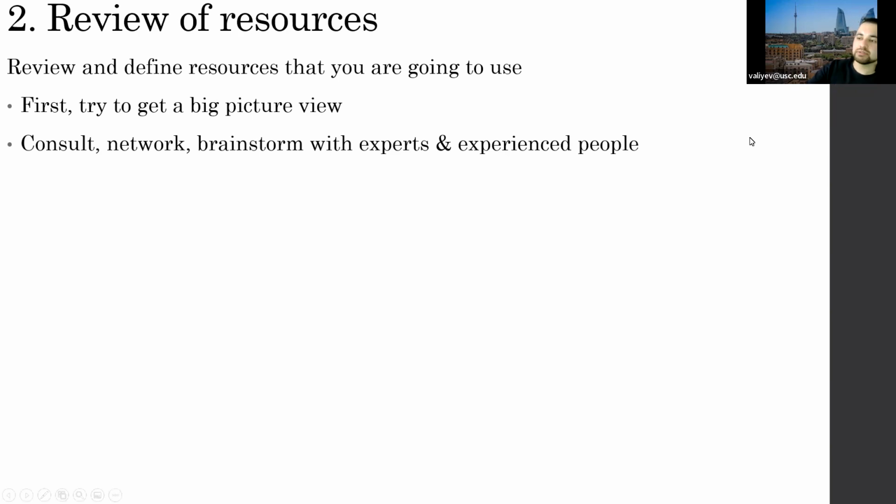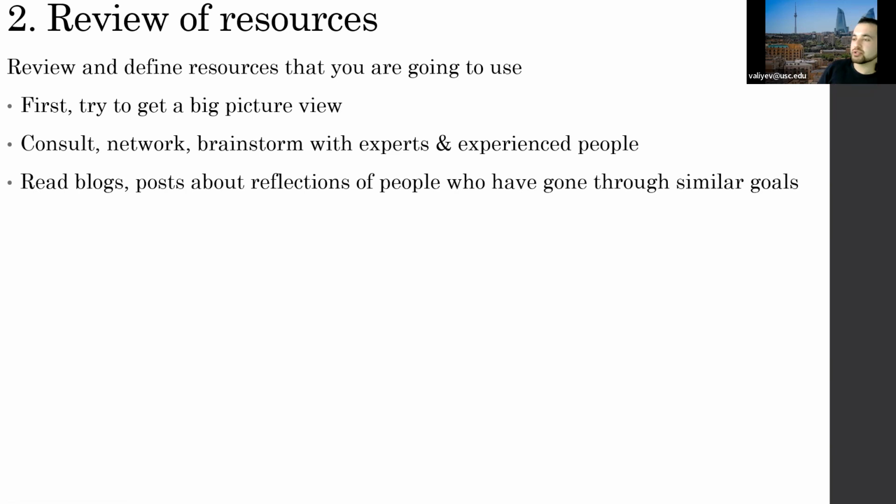Then it's very important to talk to experts and experienced people, because they have already gone through this path, and they have maybe already made some of the mistakes which you might make. But by sharing, asking some of the questions you have, and brainstorming, it's very useful. You can avoid some of the mistakes other people have already made.